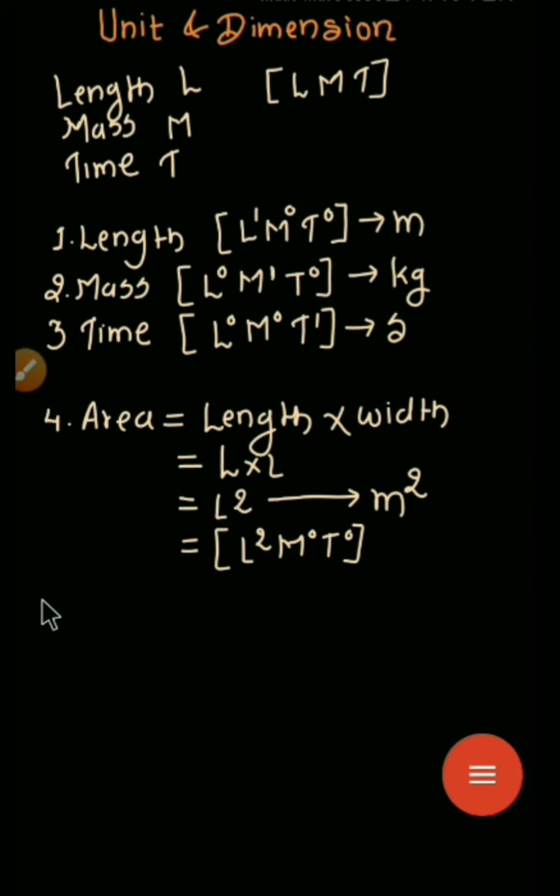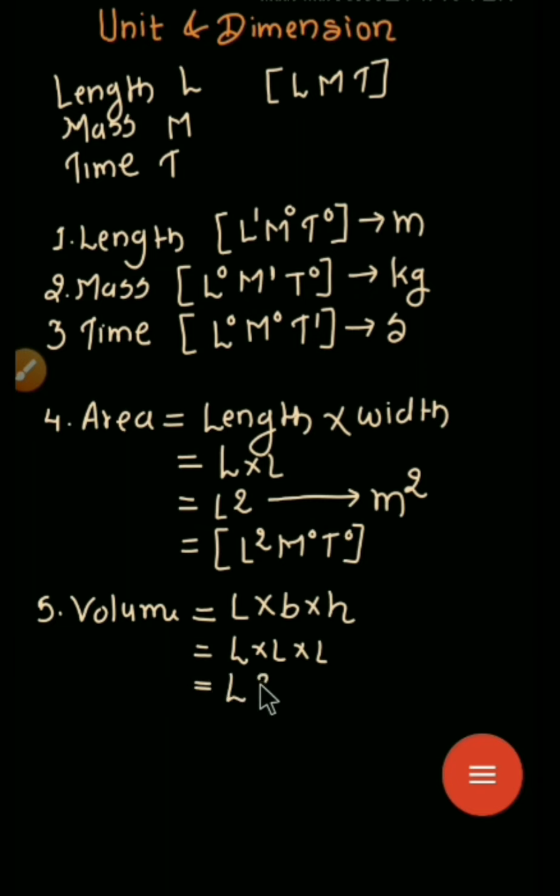Next physical quantity we'll take, that is volume. Now we know volume is what? It is length into breadth into height. ये तीनों quantities को हम length के term में explain कर सकते हैं. So this is L square, L means what?